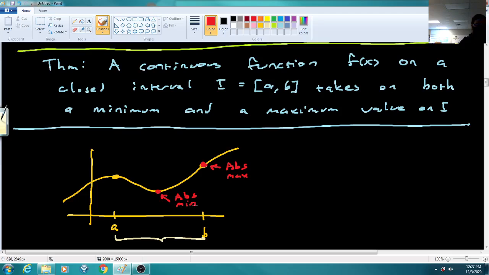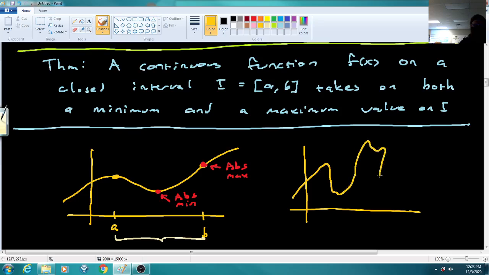And if you have a continuous function over an interval like this, you're guaranteed to take on both an absolute maximum and an absolute minimum. So if we had a different continuous function, let's draw it where it doesn't go back on itself, but maybe it has a couple more wiggle shapes in it.